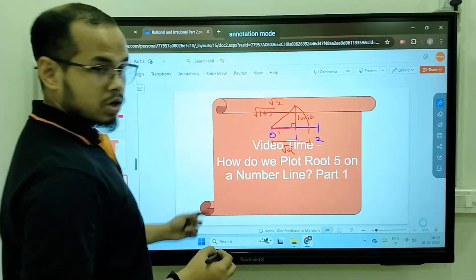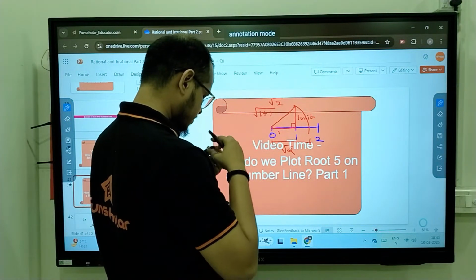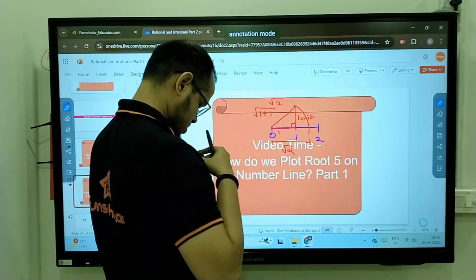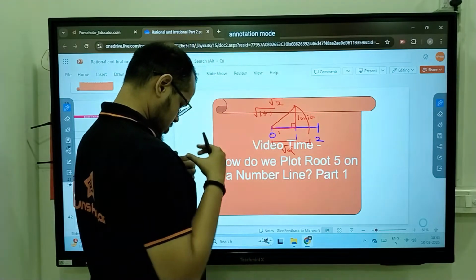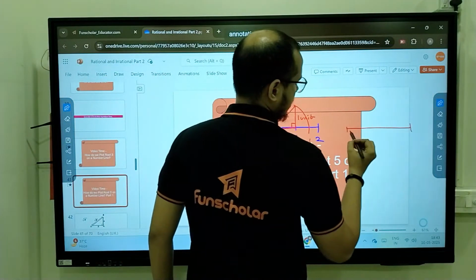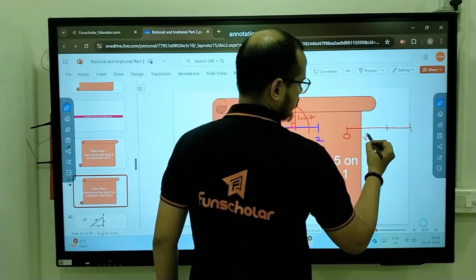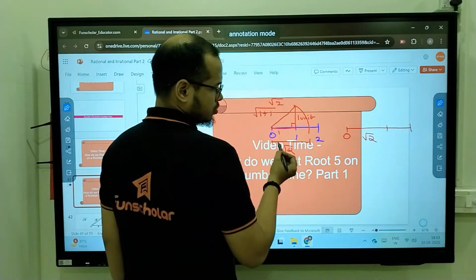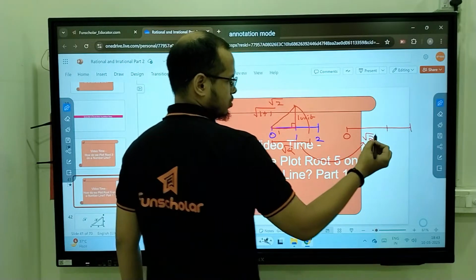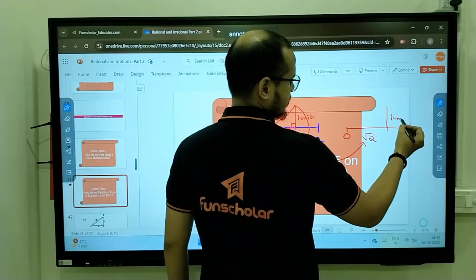Now for root 3, what shall we do? For root 3, we'll be drawing a line again. This is 0. Let this line till here be root 2. This root 2 is the same as this root 2. Then I'm drawing a perpendicular line of 1 unit here.